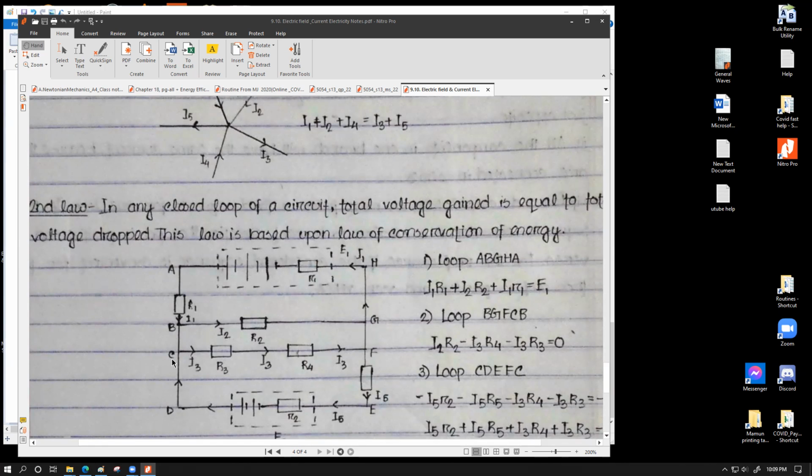F through C, if you observe, we assumed the current was flowing from left to right, but the considered loop direction FC is opposite to the current direction. So we are going to have voltage drops, but those voltage drops will be negative. This resistance is causing a voltage drop of I3 R4, and this is producing I3 R3.